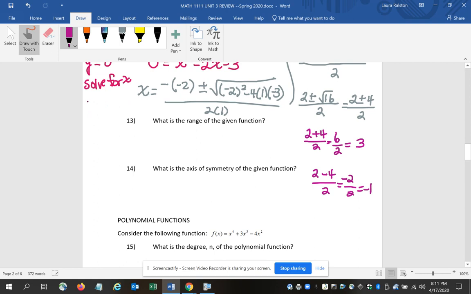So my zeros are ultimately (3, 0) and (-1, 0). I have 2 of them. Remember, the highest degree identifies the number of zeros. And so since the highest degree of a quadratic is 2, I should have 2 zeros.